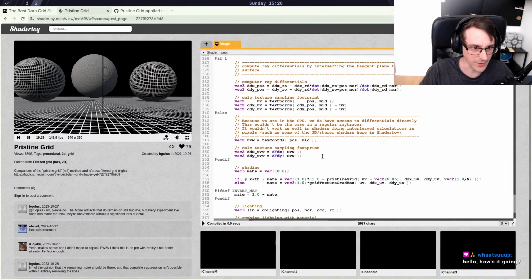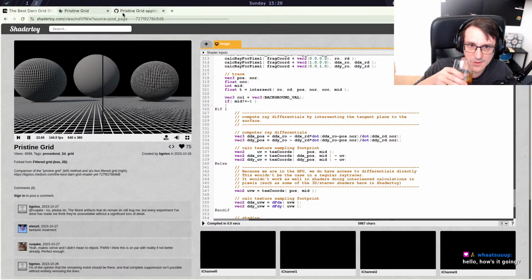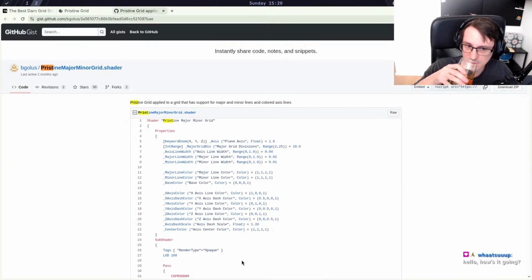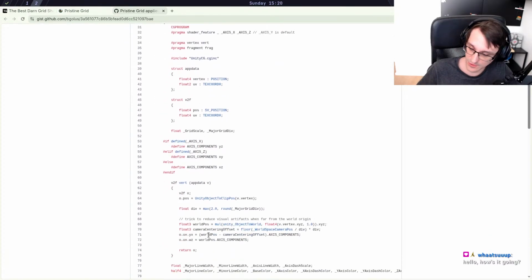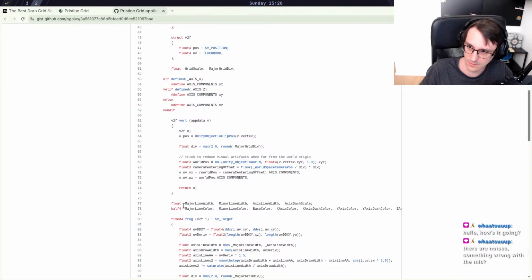It's probably something that he does here that I missed. But then I took a look at his Unity shader, and it's doing more or less the same.